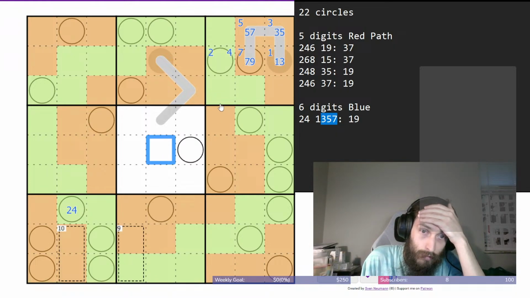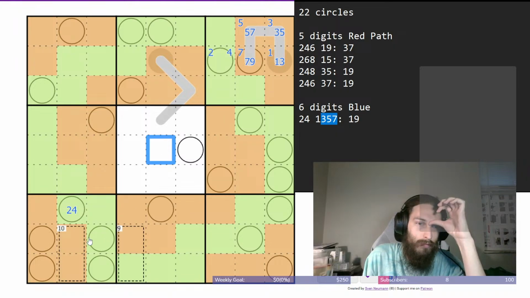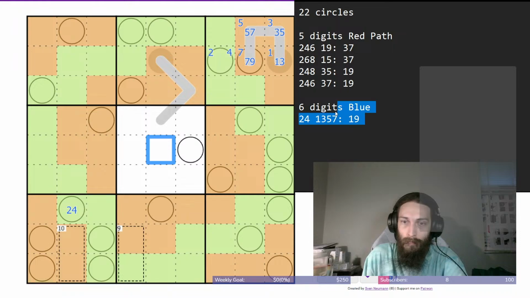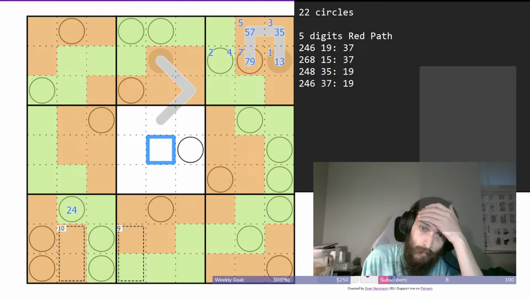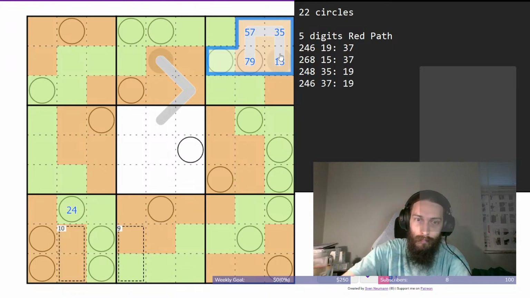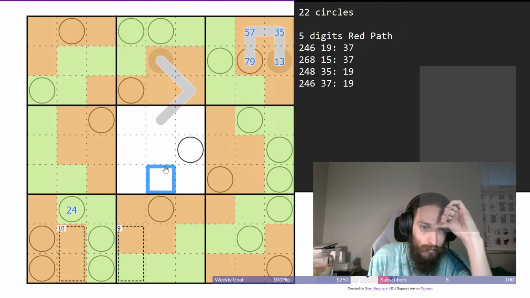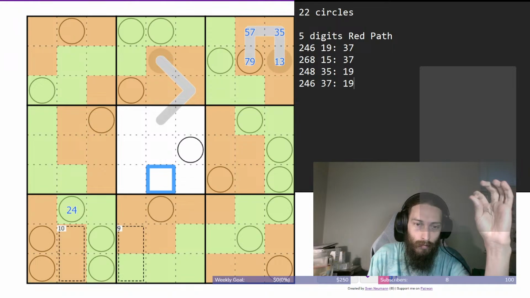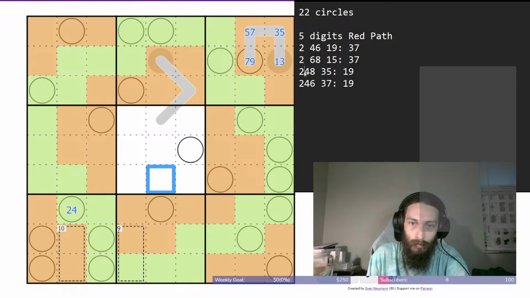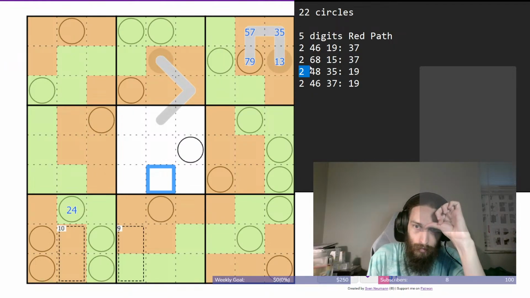All right, so we know that there are 3 evens, so that means it's 5. Yes. Okay. So now our 3 evens, we're guaranteed have a 2.